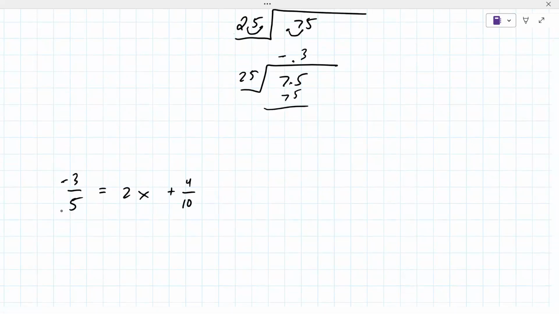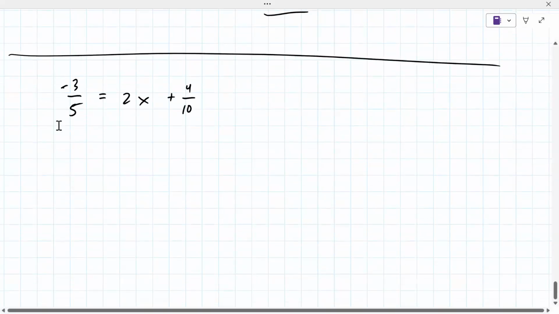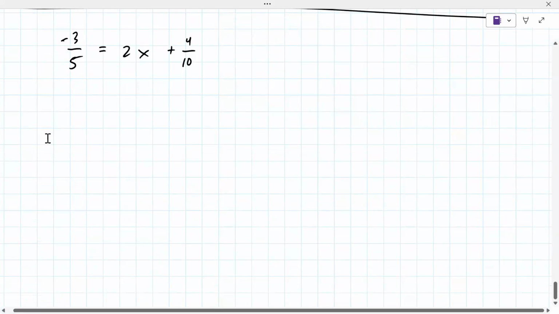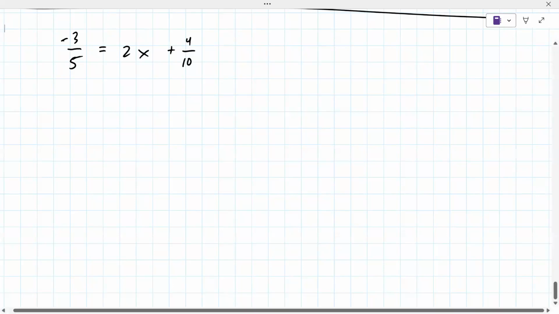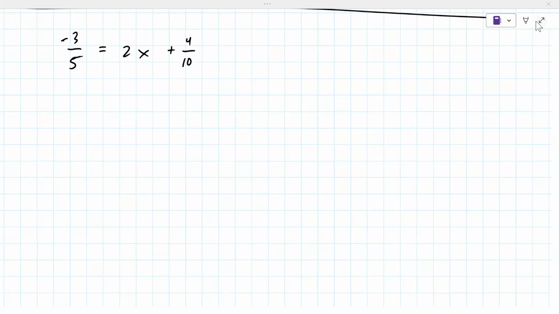Okay, let's try that one, please. X equals -1/2.